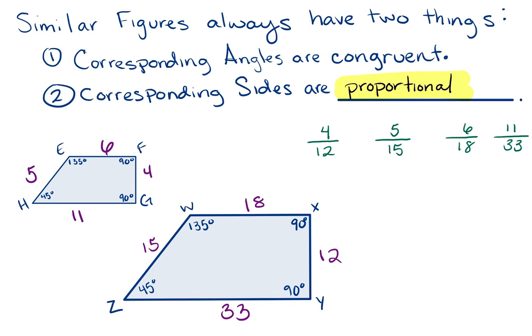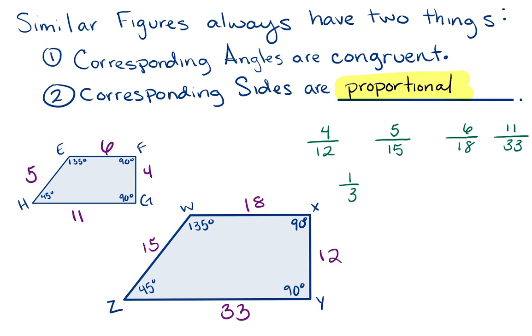But what I do recognize is that I can try to reduce all of these fractions and see if I can show that they're all identical. Okay, so if I use a calculator and I put in 4/12, I'm going to see that that reduces to 1/3. Both 4 and 12 can be divided by 4, so we get 1/3.